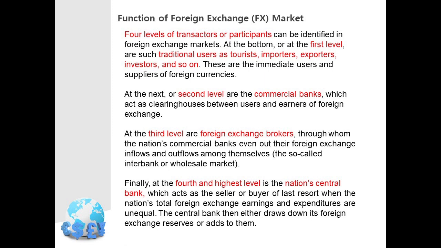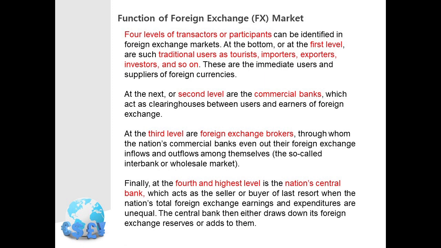At the next, or second level, are the commercial banks, which act as clearinghouses between users and earners of foreign exchange. At the third level are foreign exchange brokers, through whom the nation's commercial banks even out their foreign exchange inflows and outflows among themselves, the so-called interbank or wholesale market.